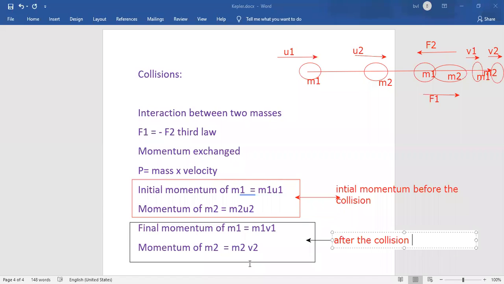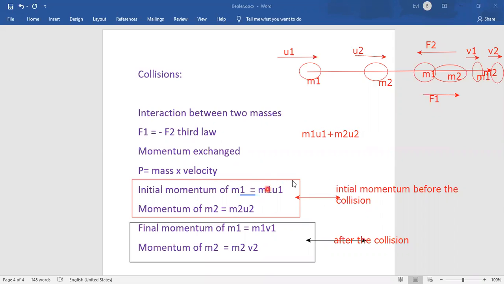But it is observed that the total momentum of the system before the collision is equal to the total momentum of the system after the collision. How can you write that? This is m1 u1 plus m2 u2, the total momentum of the system before the collision.